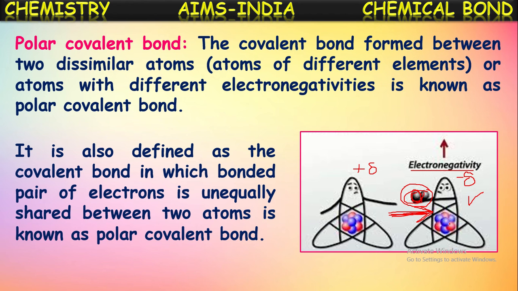Polarity formation means charge creation because of the pulling of the electron pair towards one atom. So as charges are formed between these two atoms, this covalent bond is called a polar covalent bond. Okay, the covalent bond in which the electron pair is not equally shared between two atoms is called a polar covalent bond.